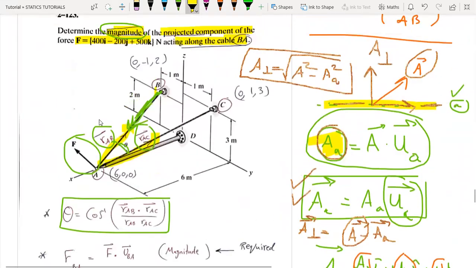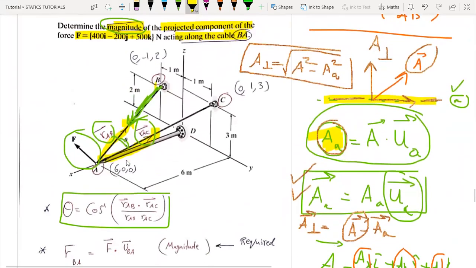So for RAB, we are going first to find the coordinates, correct? Here A is 0, 0, 6. Here C is 0, 1, and 3, because it didn't move in the x direction, but in the y direction it has moved 1 in the positive y direction and 3 meters in the positive z direction.